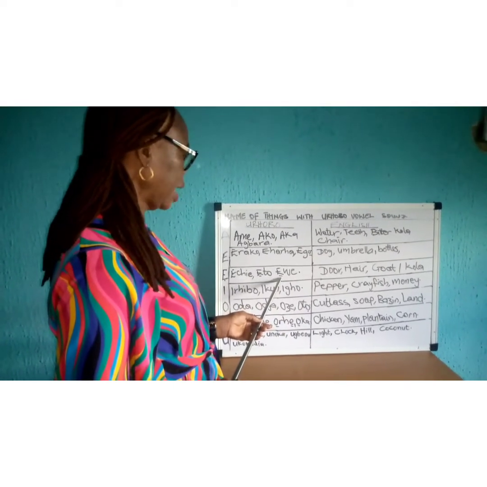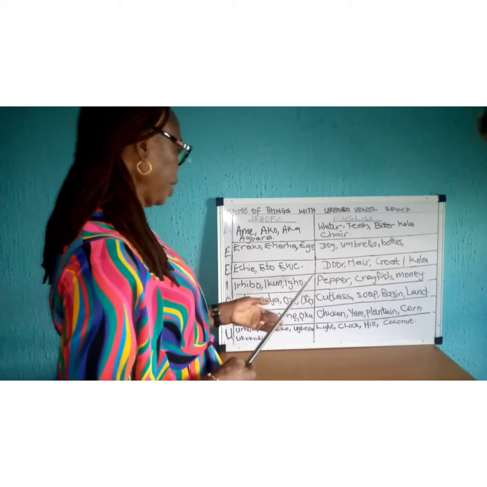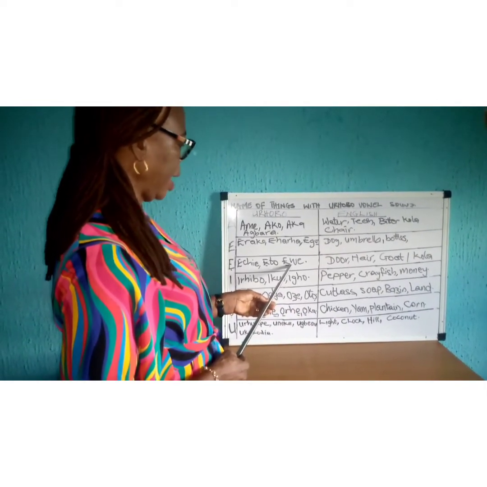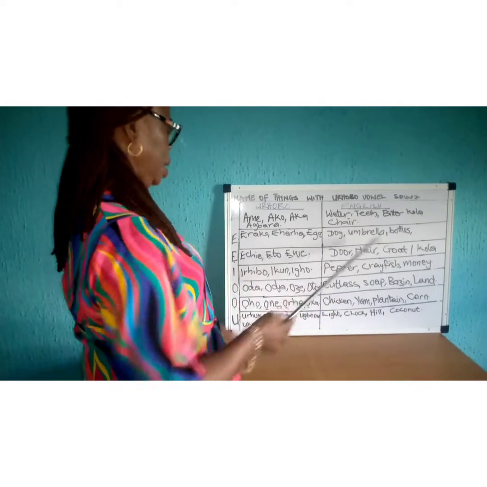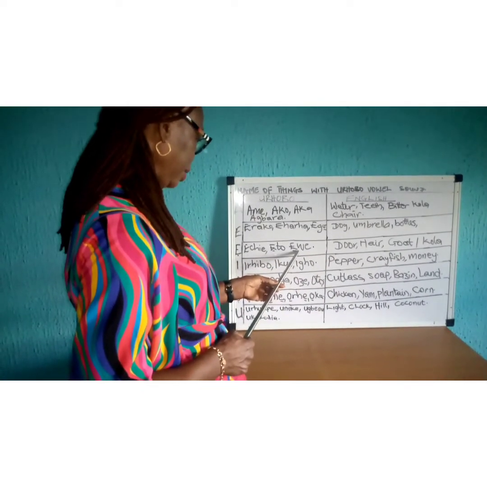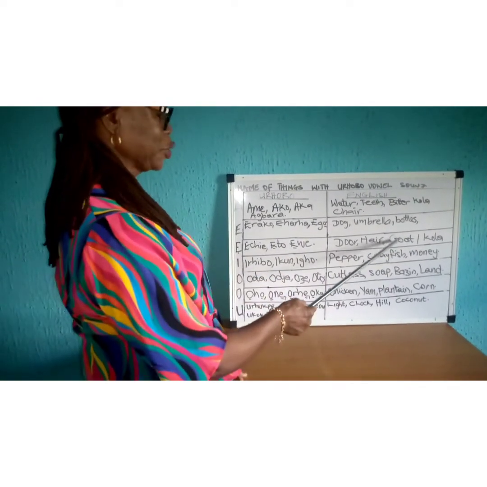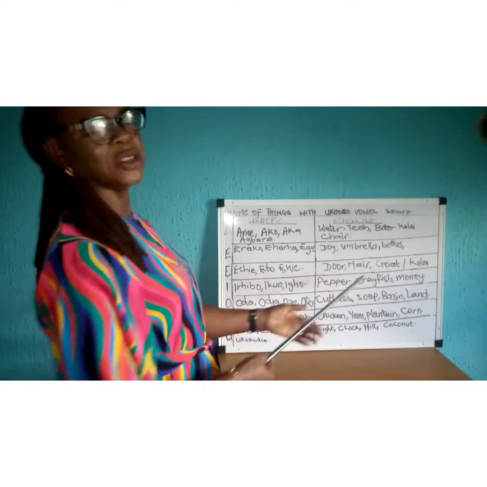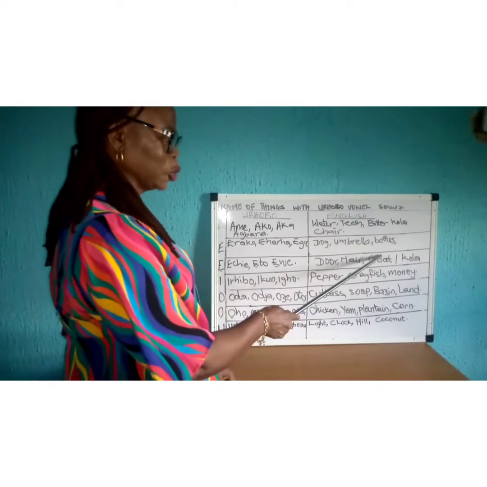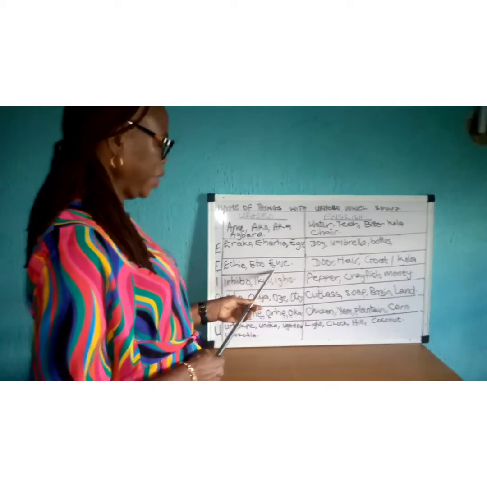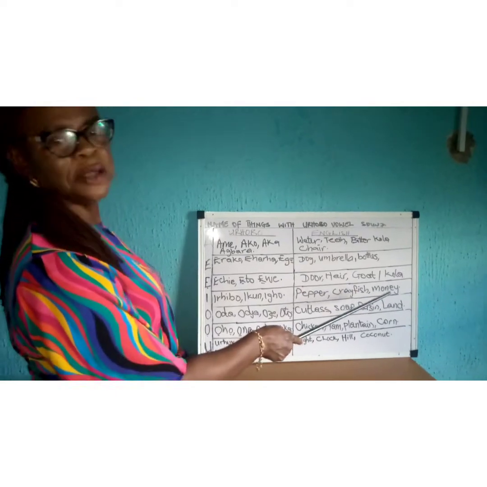Ere in English language is goat. And when you pronounce it ere, it becomes cola. Ere, it is goat. So it depends on how you pronounce it. Ere, goat. Ere, cola. One word standing for two words.